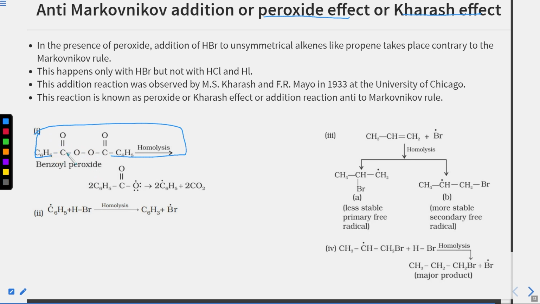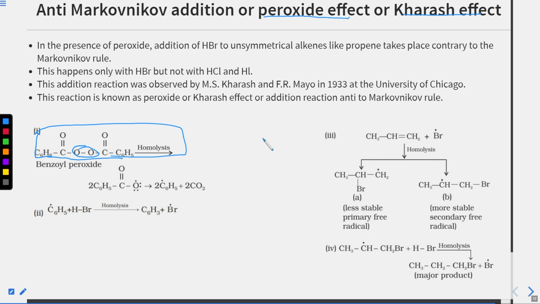Now what is unique about benzoyl peroxide? It has an O-O single bond, and this O-O single bond is weaker as compared to any other bond, and it easily undergoes homolytic cleavage. So what will happen if we do it in the presence of peroxide?